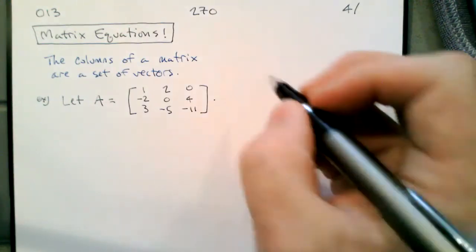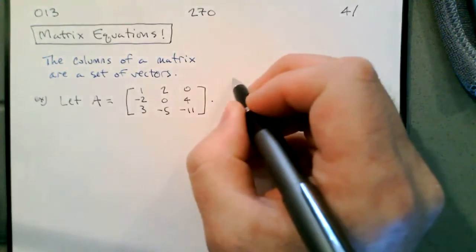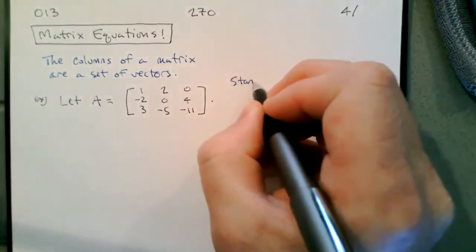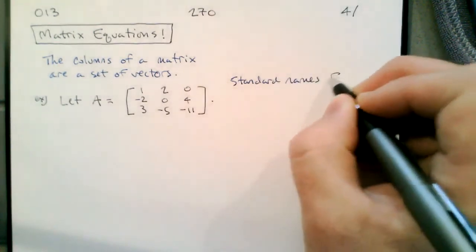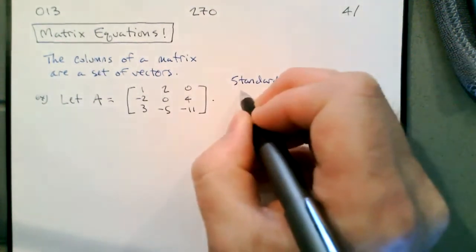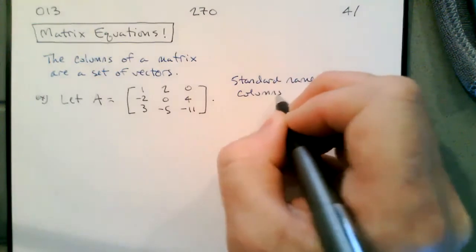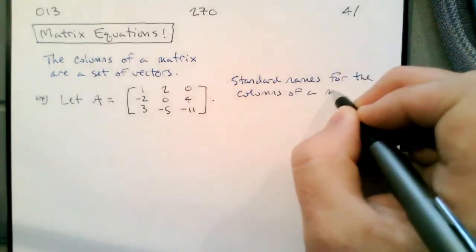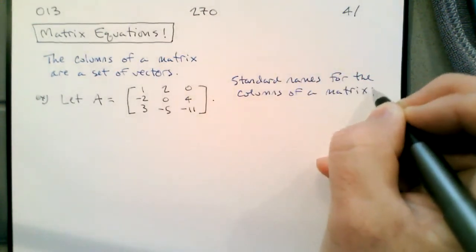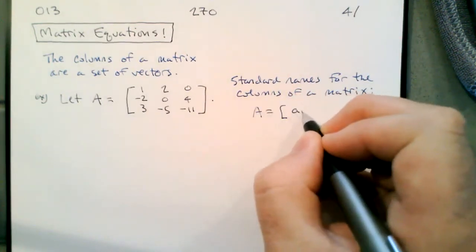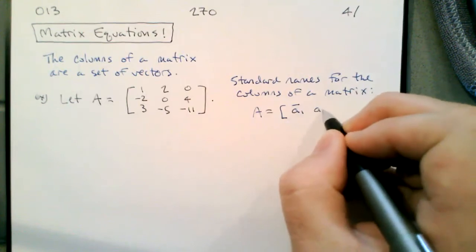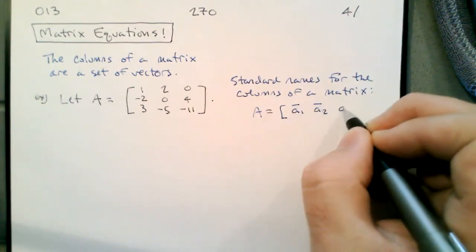So the standard names: I would say A is the matrix. The first column is going to be A1, the second column will be A2, and the third column will be A3.